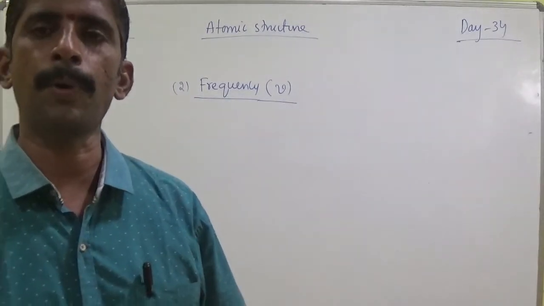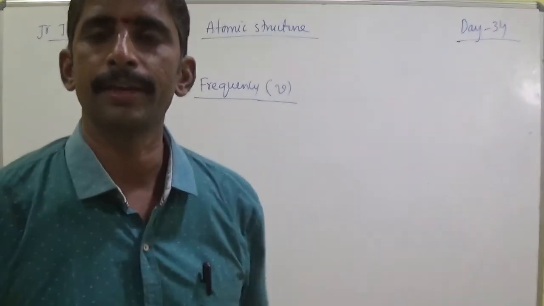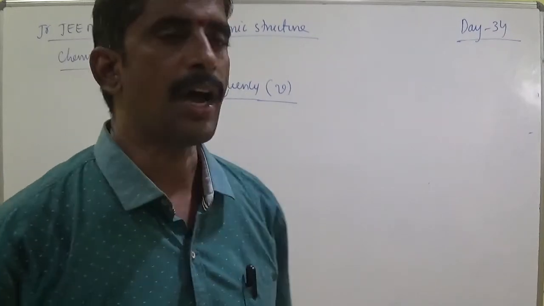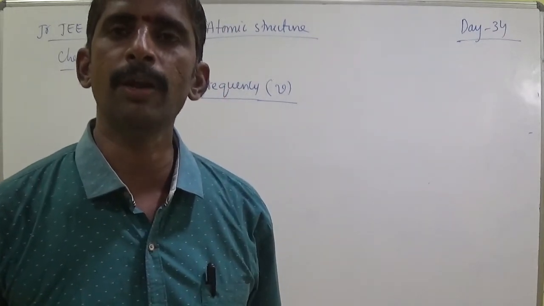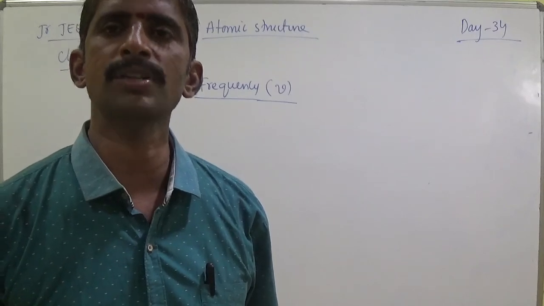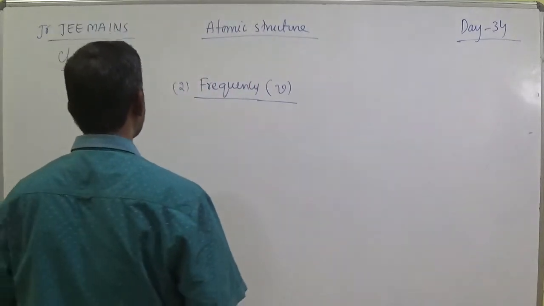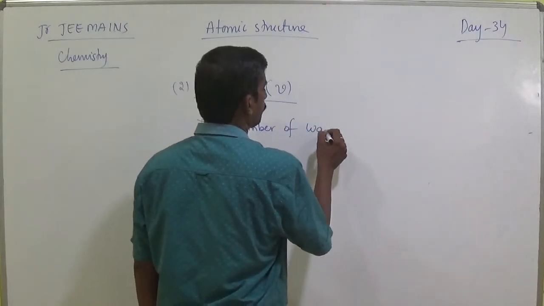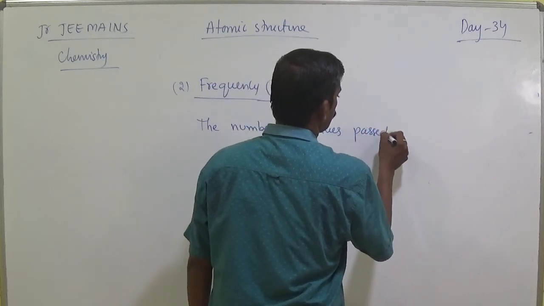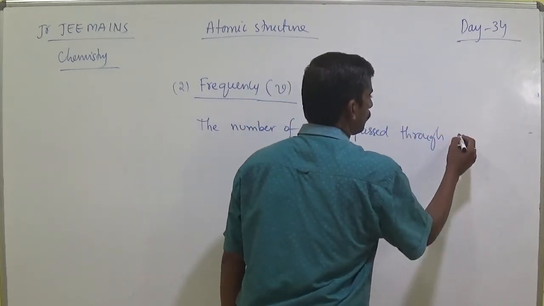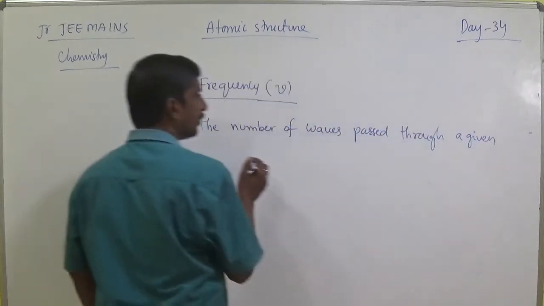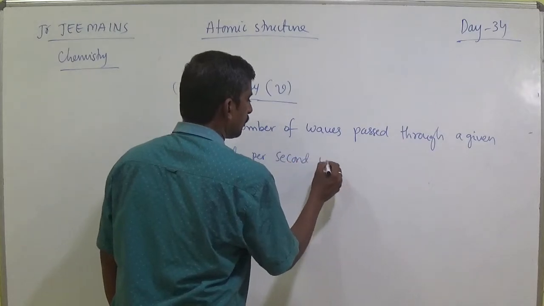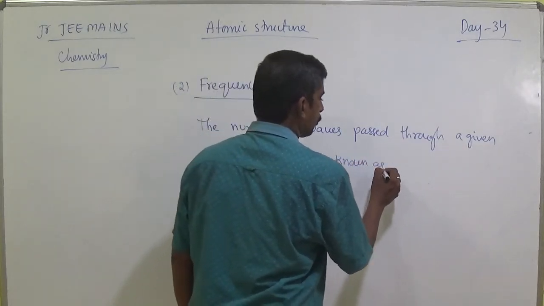The number of waves passing through a given point per second is known as frequency.